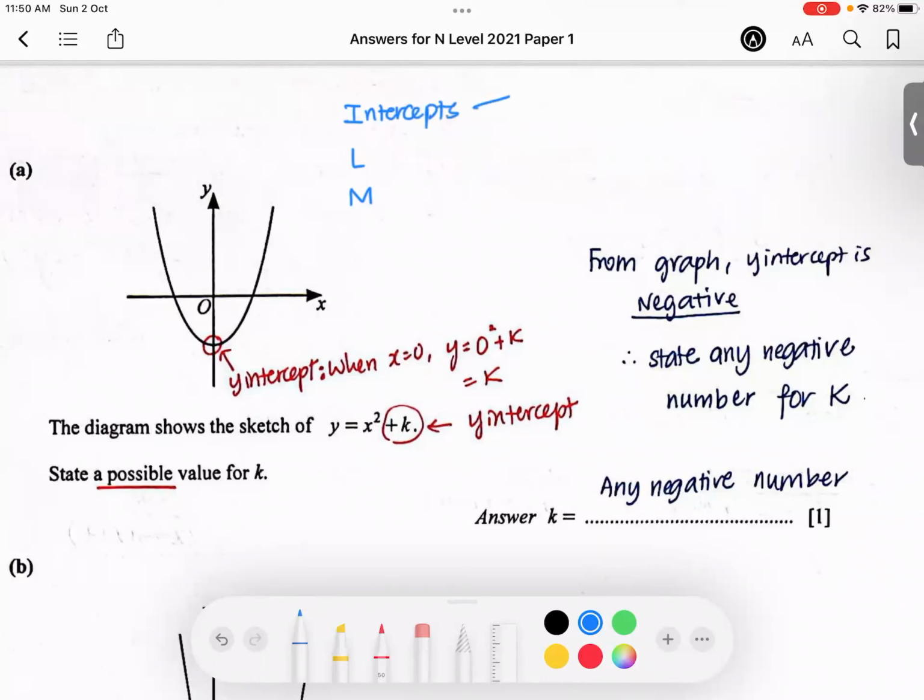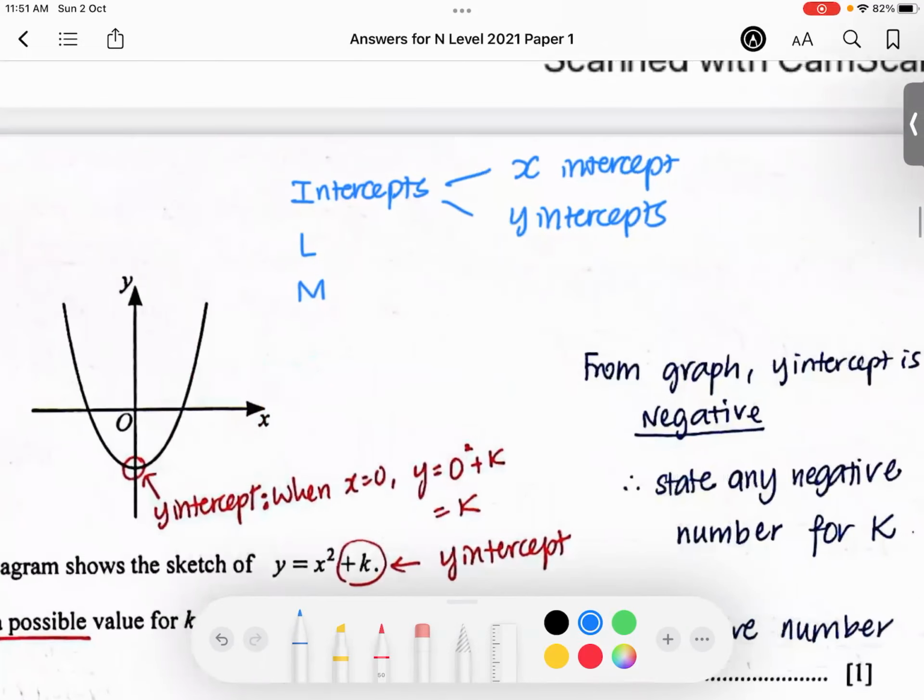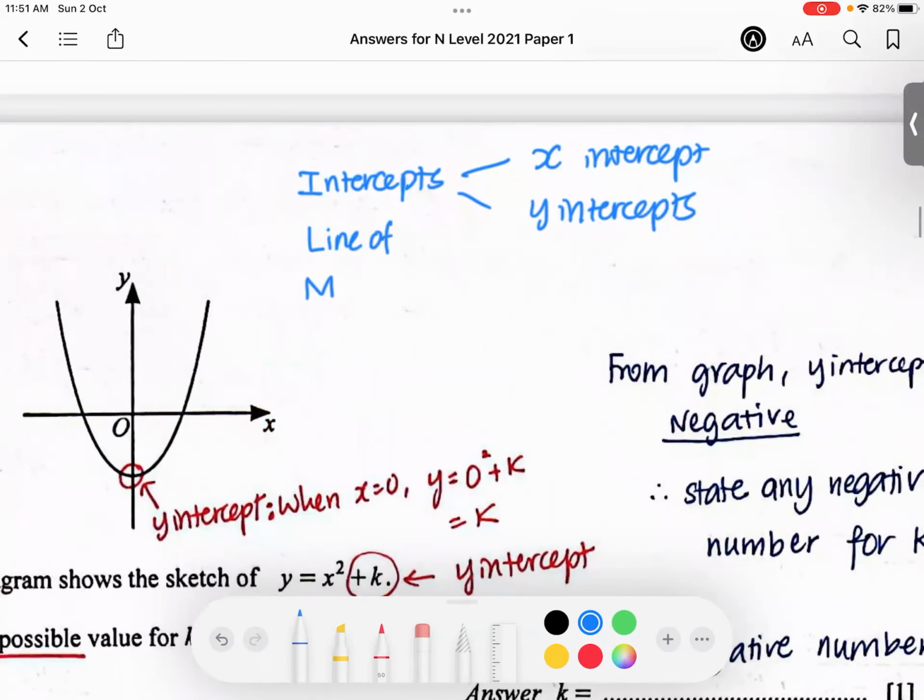Intercepts can have x-intercepts and y-intercepts, so we got a few different intercepts. L for line of symmetry, and M for maximum or minimum point.